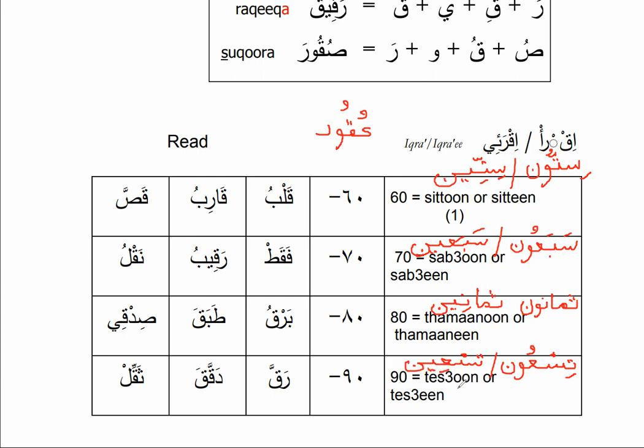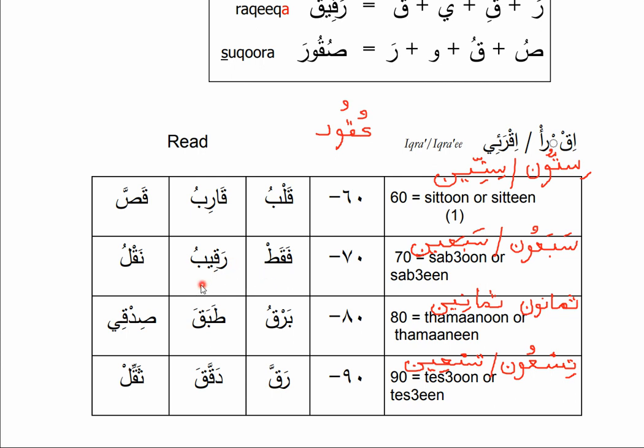And now we see in these lines the words qalbu, qaribu, qassu, qassa, faqat. Now this is also from the qalqala letters, faqata. Here fa is the only light letter, qaf and ta both are heavy. Faqata.